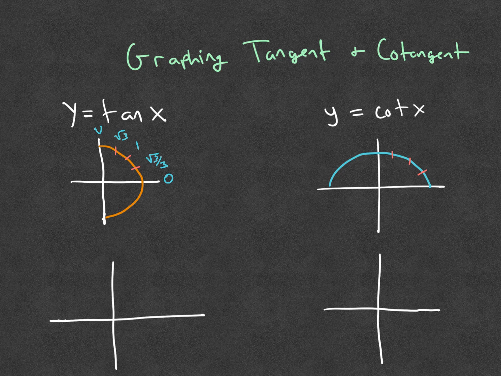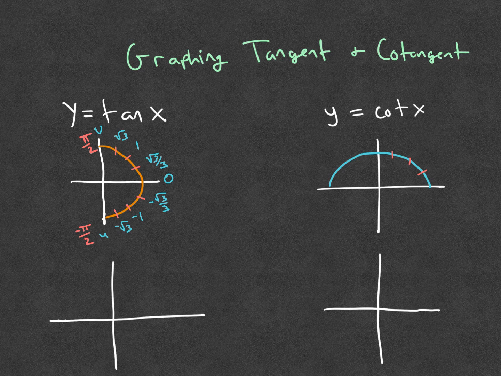And if we went the other way, we'd have negative root 3 over 3, negative 1, negative root 3, and undefined. And so what we see from this picture is that at pi over 2 and at negative pi over 2, we have undefined for tangent, which means we're going to have asymptotes there.